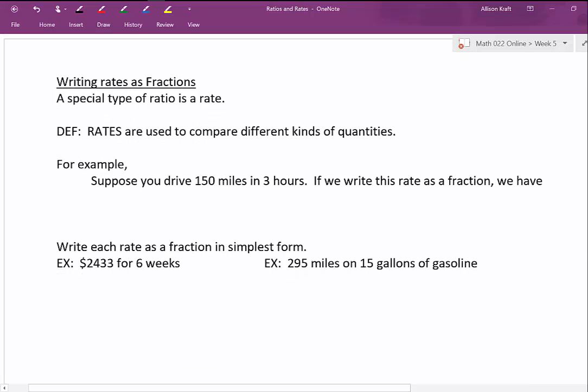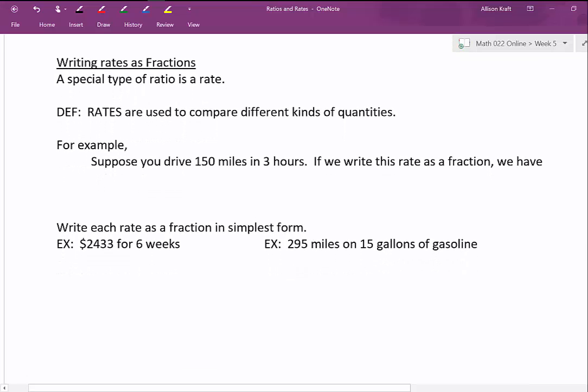A special type of ratio is a rate. Rates are used to compare different kinds of quantities. For example, if we drive 150 miles in 3 hours, if we write this rate as a fraction, we're going to end up having 150 miles over 3 hours.